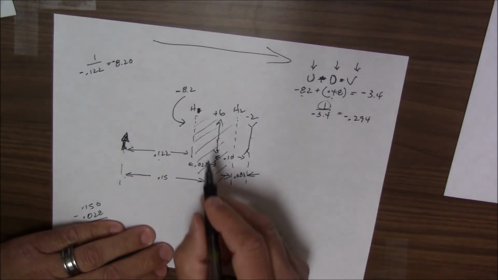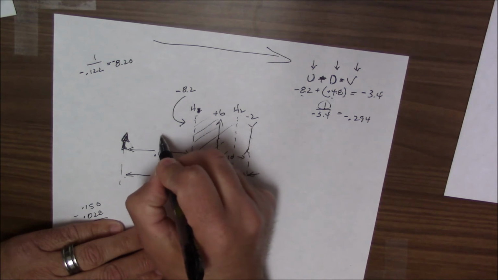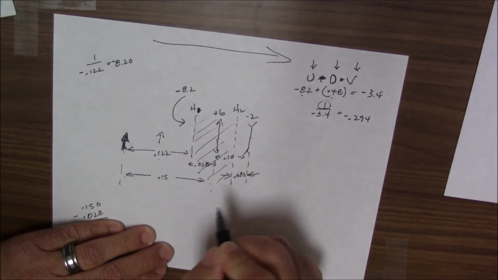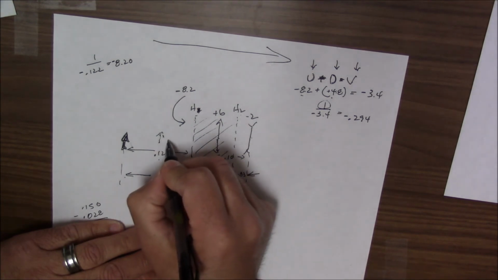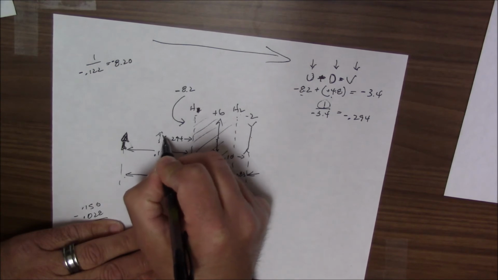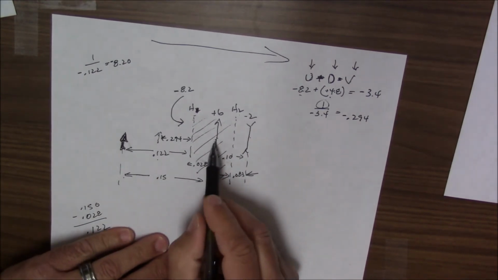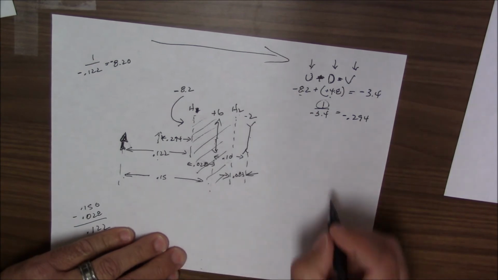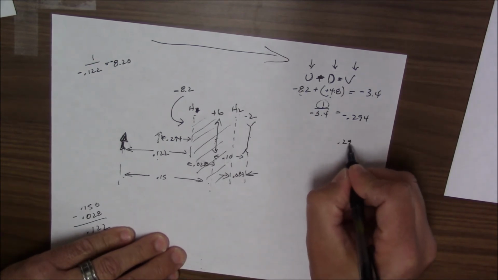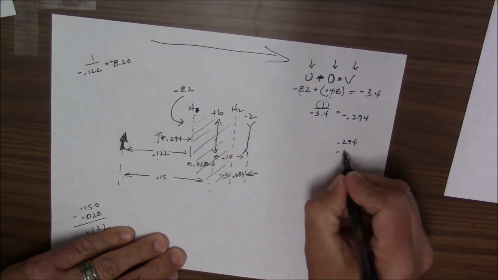So the image, I'm drawing a dotted line here, is going to be 0.294 from the primary Gaussian plane over here. If you wanted to know where that was from the actual front of the lens, I'd take the 0.294 and I would have to add in the 0.028.